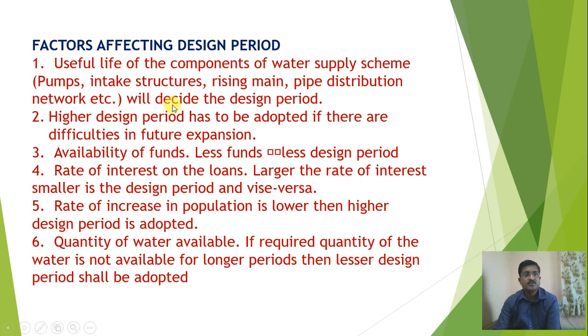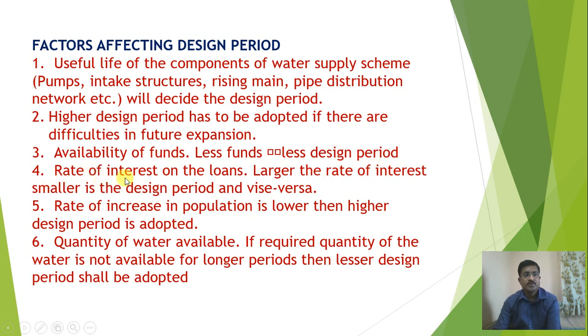What factors affect the design period? The design period is affected by the useful life of the components of the water supply scheme. For example, pumps, intake structure, rising main and pipe distribution network will decide the design period. A high design period has to be adopted if there are difficulties in future expansion. Availability of funds: less funds, less design period.